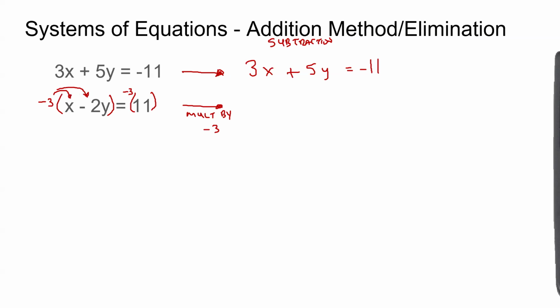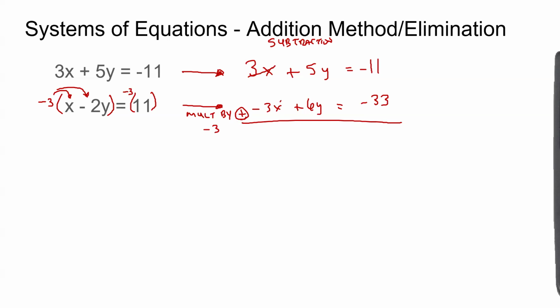Distributing on the left, I would get -3x plus 6y equals -33. Now I have set this up where I can add straight down and it will eliminate all of my x's. I could also eliminate the y's. I just have to get rid of one of the variables. This is probably the easiest way here with the elimination method.